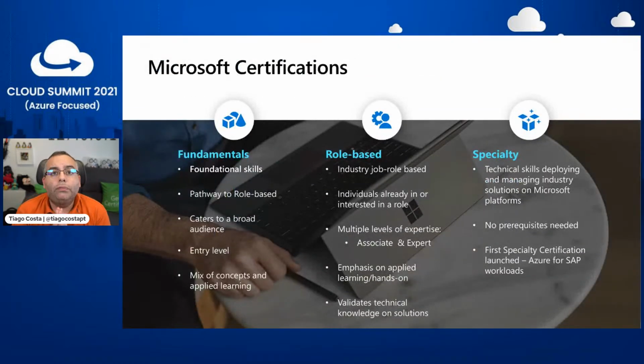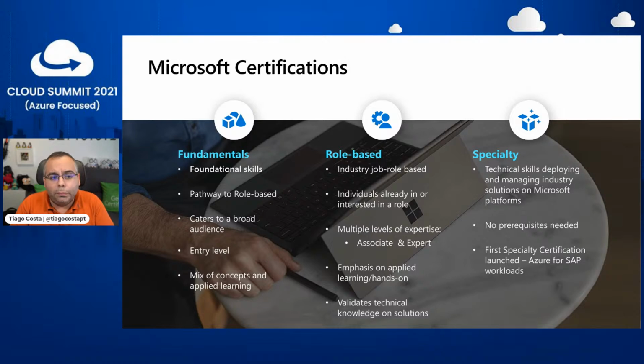So what we have on the Microsoft certifications. We have three, let's just call them levels. It's the fundamentals, the role-based, which incorporate the associate and the expert levels, and we're going to understand what they are. And we also have the specialty, which is very focused on very, very specific roles, okay?